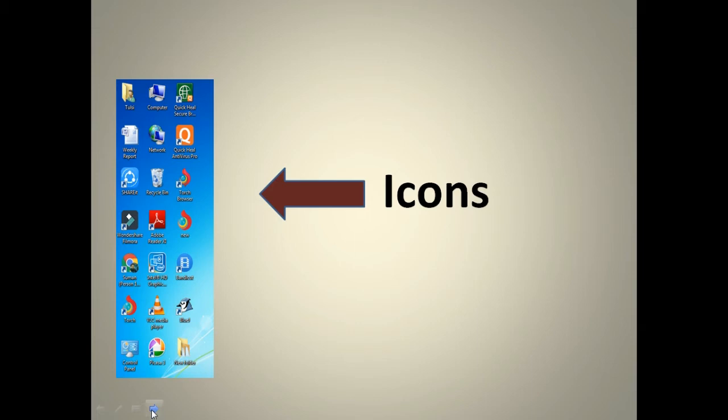Another are installed programs, and even we can create file or folder icons. Files can be documents, songs, videos, whereas folders are the containers which can store files and even subfolders and all.